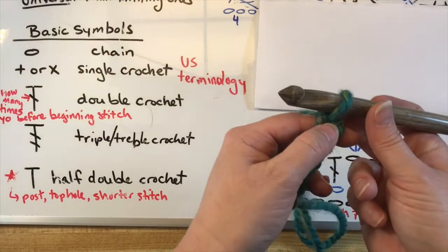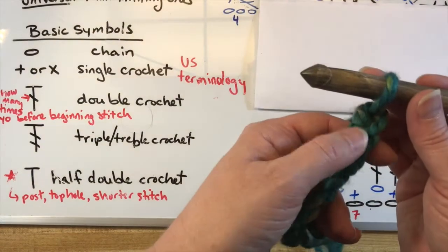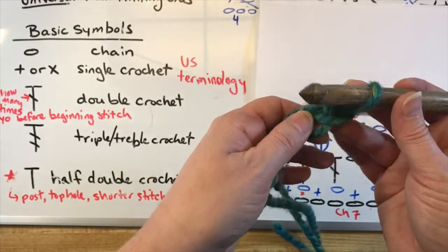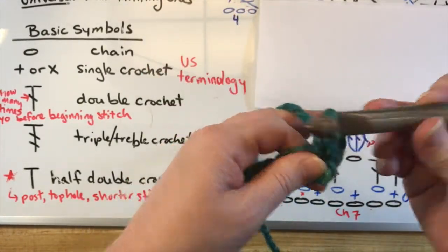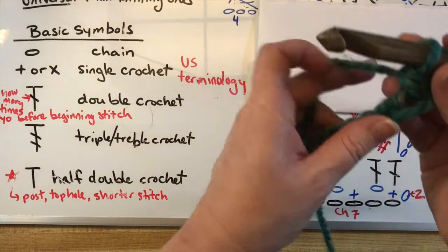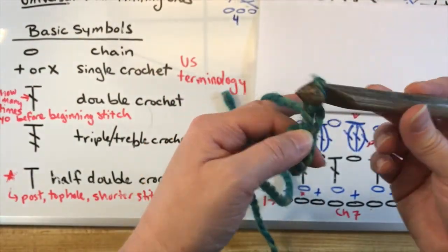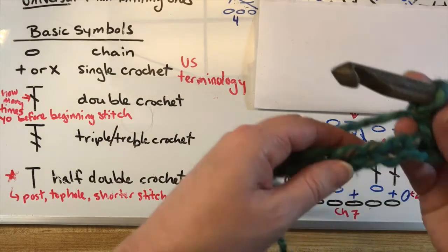But I'm going to skip that one and I'm going to single crochet, see that little plus sign, into the second chain there. So just go in, pull up a loop, yarn over, go through both. Now if I look at this, I can interpret this to say I need to chain 1, skip one chain below me, and single crochet into the next chain.